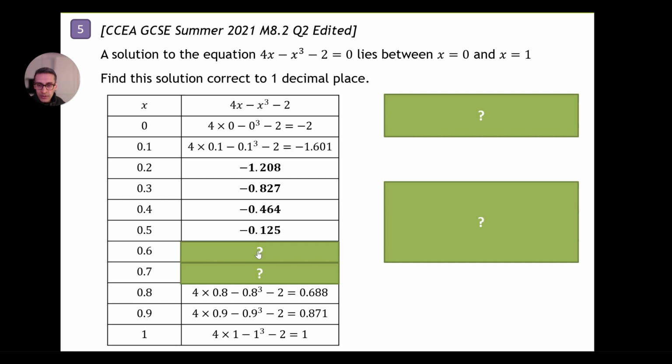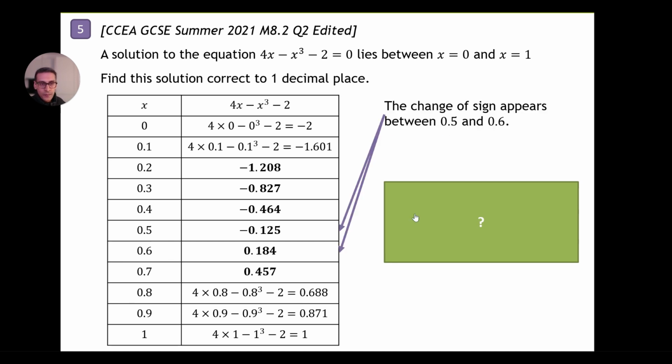You can see it's getting closer and closer to 0. Now, which of these numbers is closest to 0? Well, we can see the sign changes in between 0.5 and 0.6. So we can be a bit more accurate than 0 and 1 as our two boundary values.